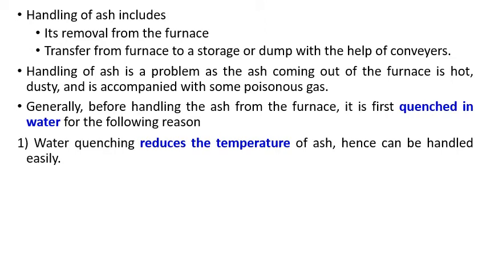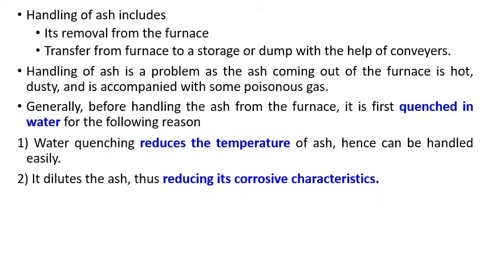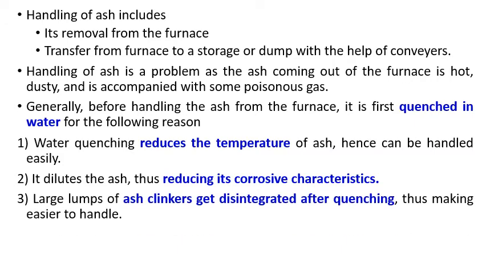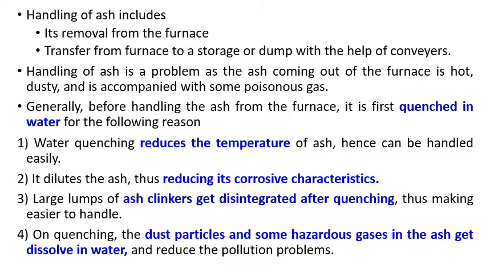It reduces the temperature and dilutes the ash, reducing its corrosive characteristics. Large lumps of ash clinker get disintegrated into smaller sizes, and on quenching, dust particles, which are otherwise a big problem with the pollution board, get reduced.